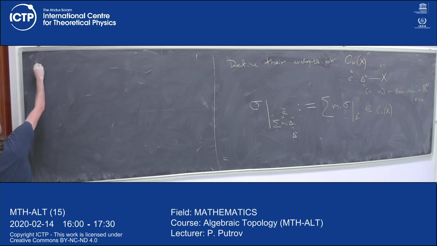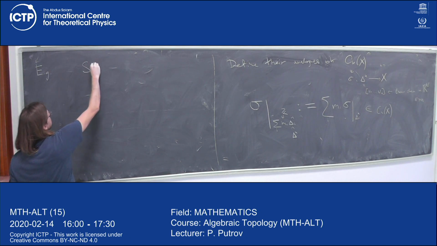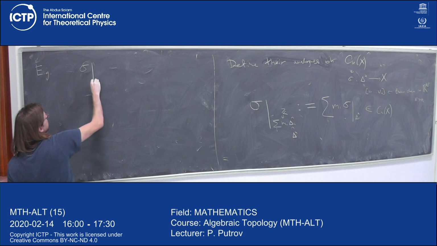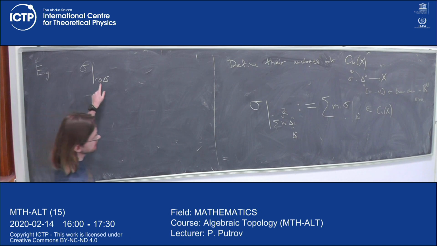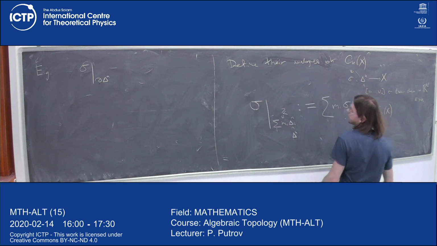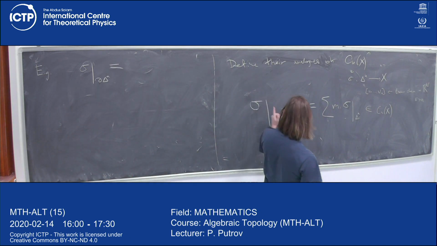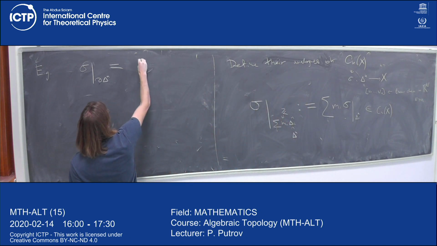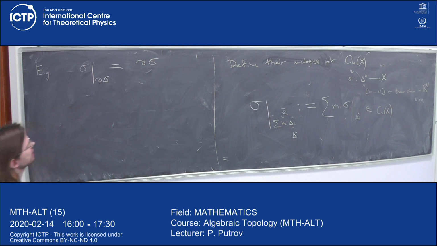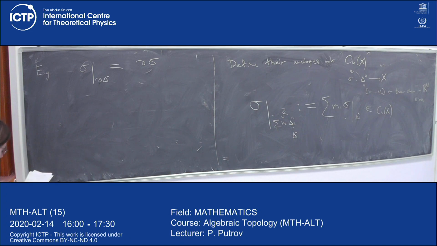In particular, an example of the use of this notation: if you write sigma restricted to delta of n, where we understand delta as acting on linear chains in Rn, and use this definition of the notation, it's the same as our previous definition of delta, because it's exactly the sum like this.